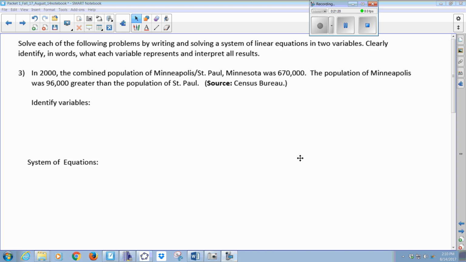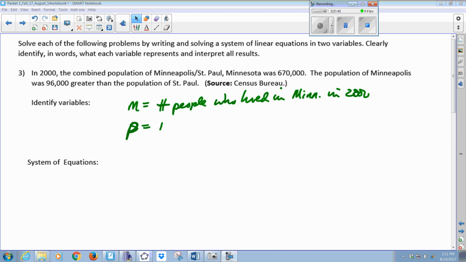We need a variable that's going to represent the number of people who lived in Minneapolis in 2000. And then another one, let's say S for St. Paul, the number of people who lived in St. Paul in 2000.